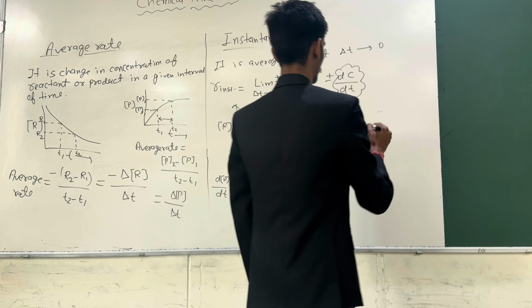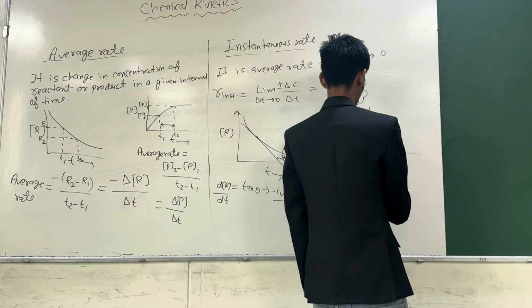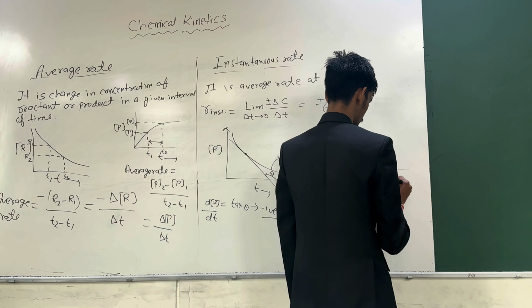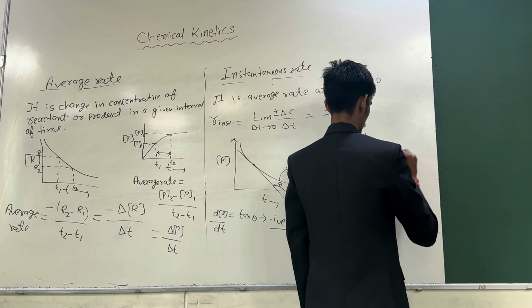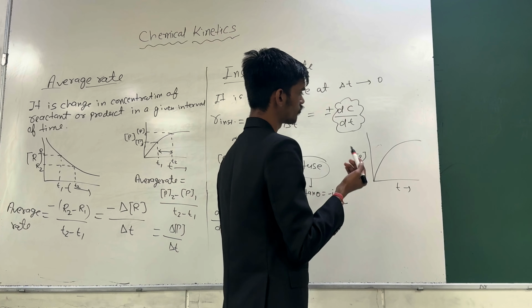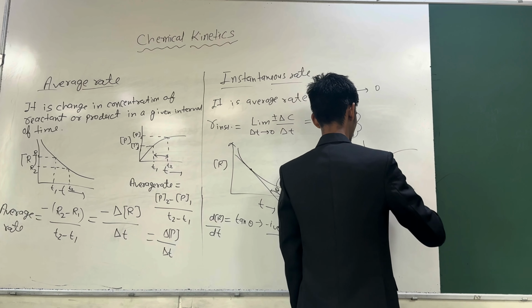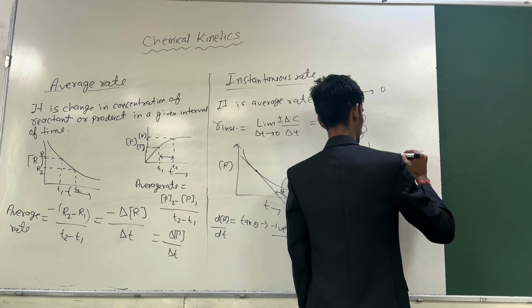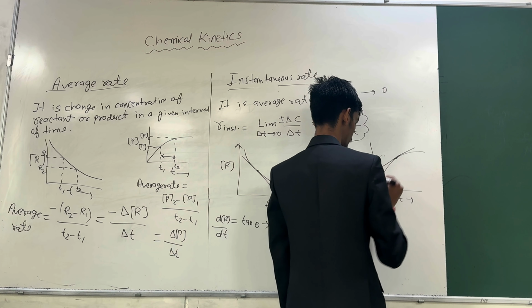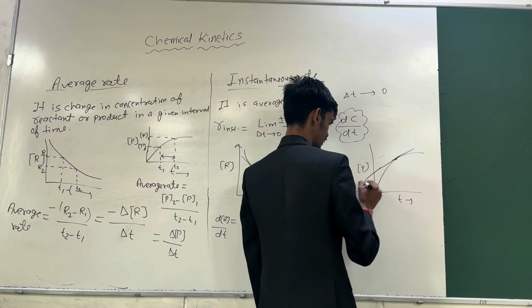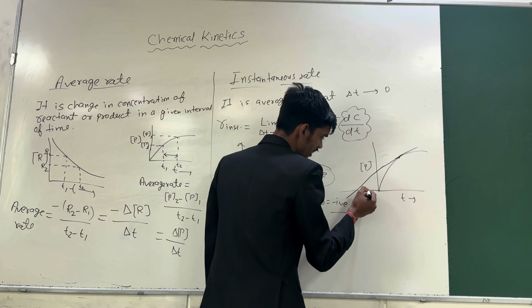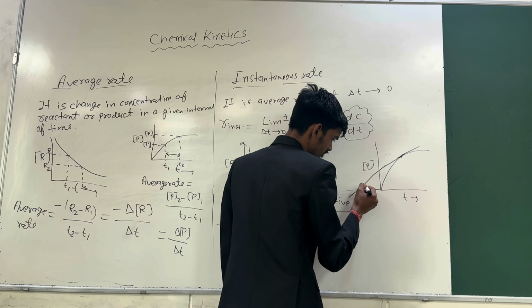If I talk about product, to measure the instantaneous rate at this point I have to draw a tangent at this point. This is the tangent. It cuts the x-axis here and this is the angle theta.